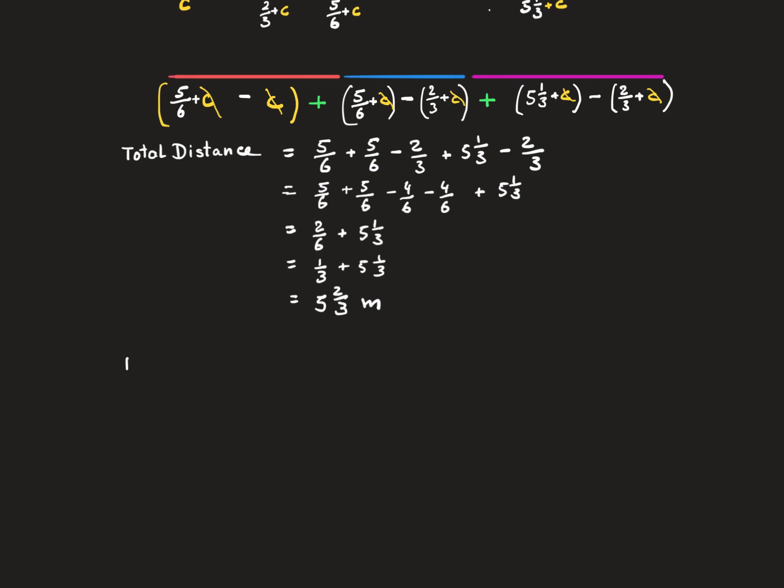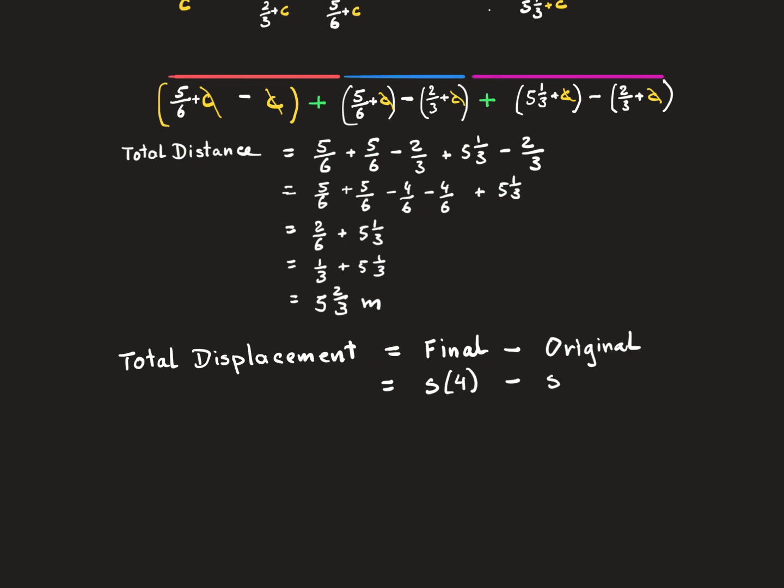If you are asked to find the total displacement, then that is going to be the final position take away the original position. The final position that we had was at s(4), and the original position was at 0.